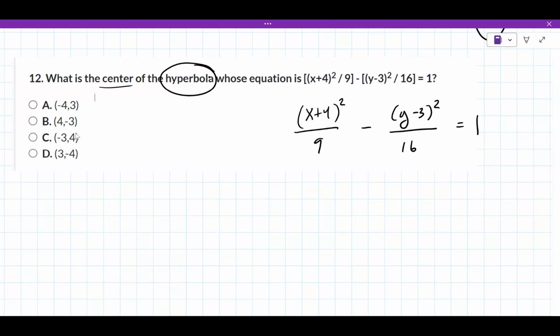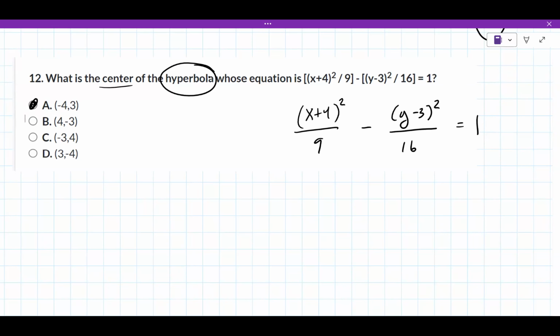Okay, the answer is A. I agree. So the graphing is really, really important, and you're doing great.